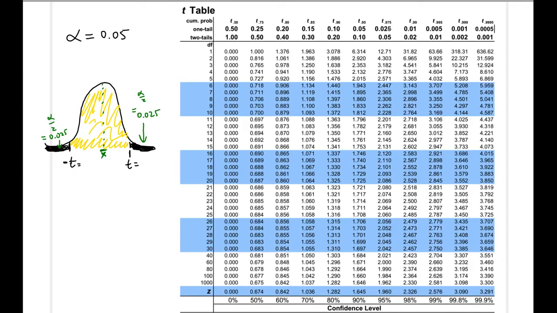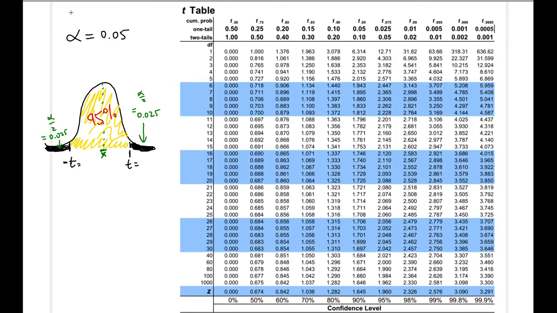But that doesn't mean it's going to be a 97.5% confidence interval, because don't forget that we're also subtracting the 2.5% on the left side that is not part of the confidence interval. So this yellow region corresponds to 95% of the area: the 2.5% on the left, 2.5% on the right. That's precisely what you see in the one tail explanation, 2.5% or 0.025 in value. So in any case, this is where you need to be.